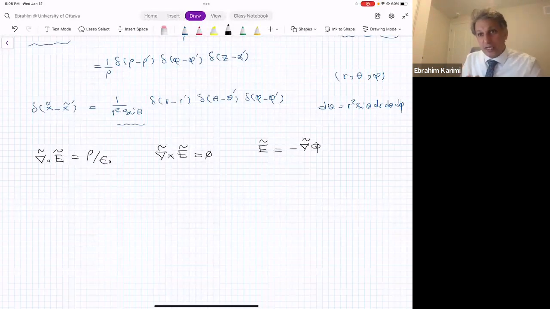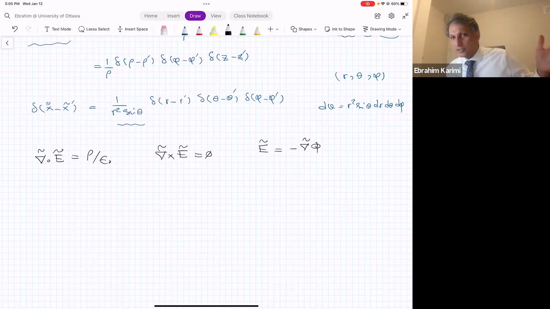By the way, we will be dealing with the delta function, so don't forget that in the next lectures, I will use it in cylindrical, spherical, or Cartesian coordinates, and I will be using those properties. So they are very important to follow up and check out.